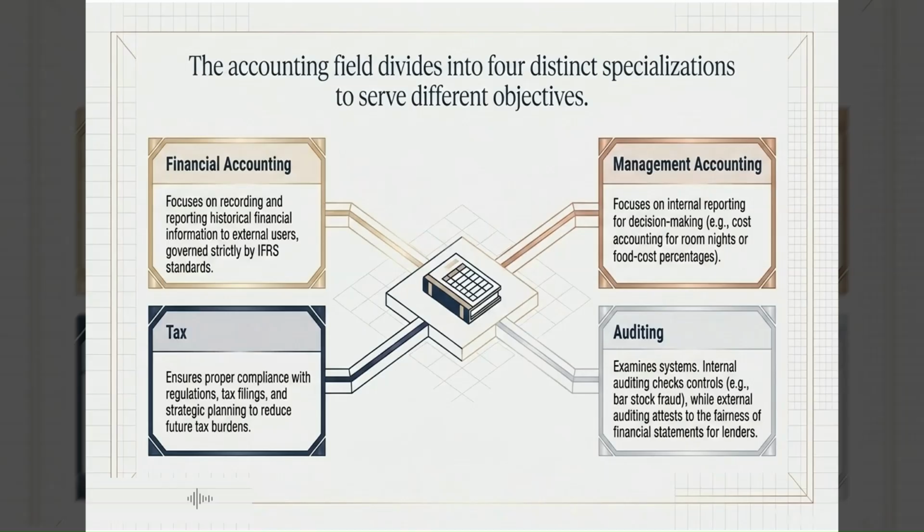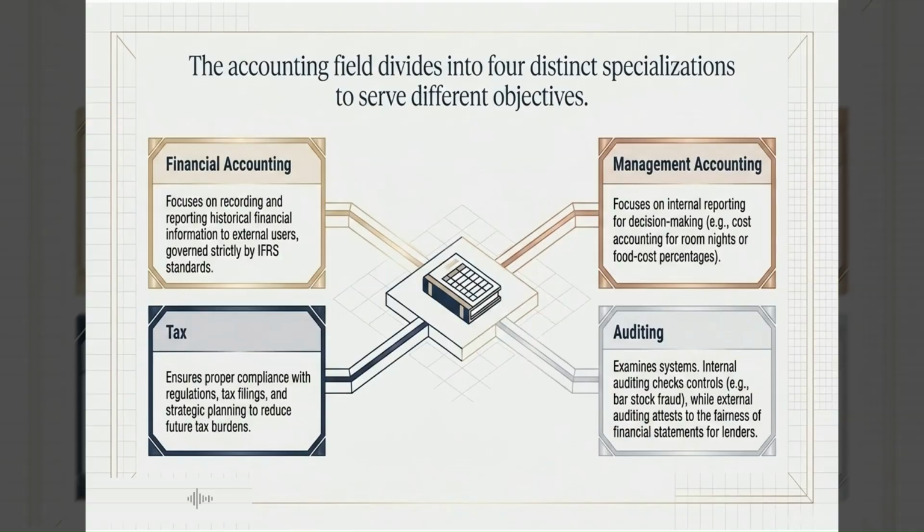Let me put the contrast into one sentence because this comparison appears in assessments year after year. Financial accounting is historical, regulated, external, and reports on the whole entity. Management accounting is forward looking, unregulated, internal, and reports on the parts. Here is the distinction in practice.